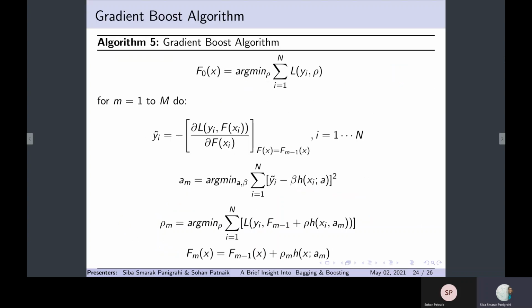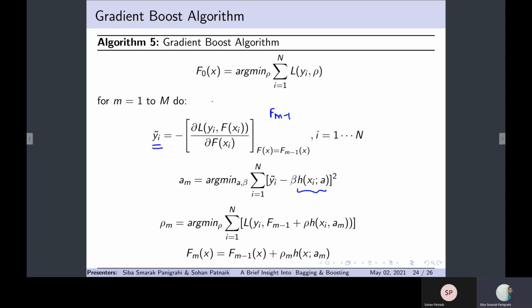Again, just to repeat, we currently have f m minus 1. We find the direction of the steepest descent step. Then we have to find the h which is going to estimate it. How do we find that h?